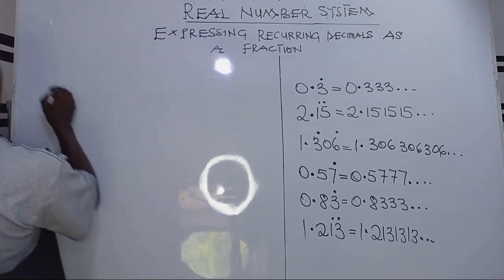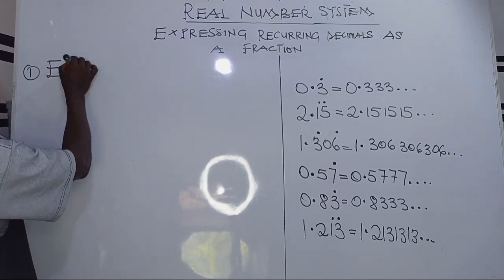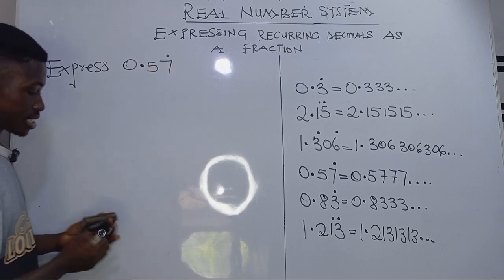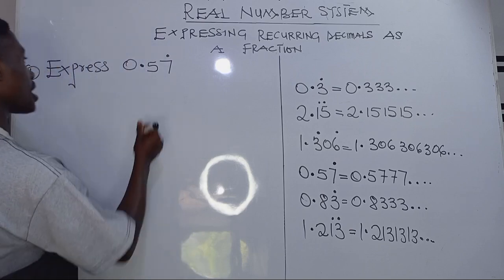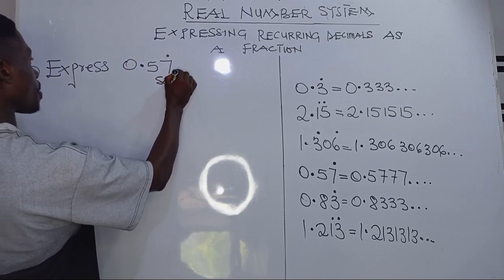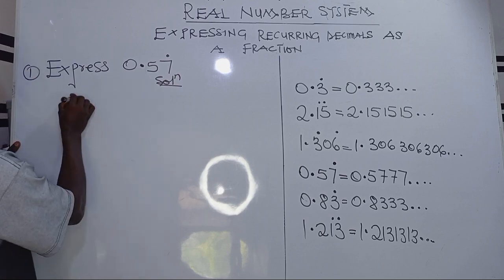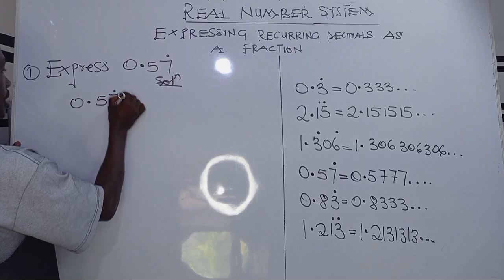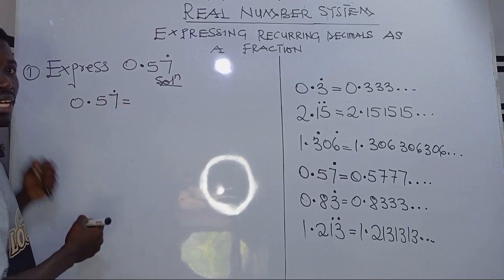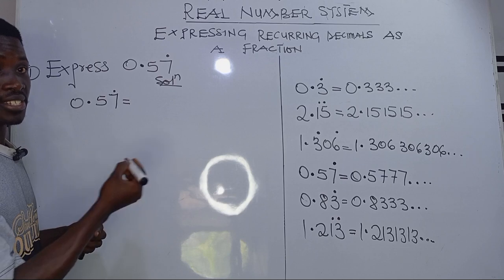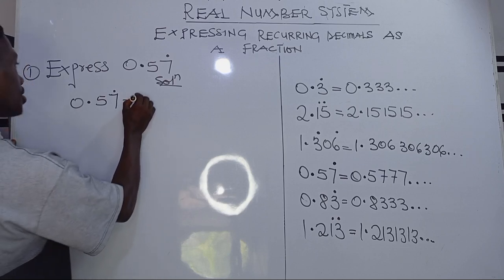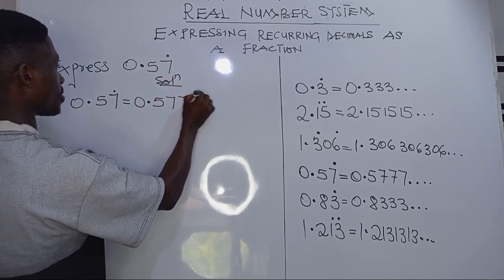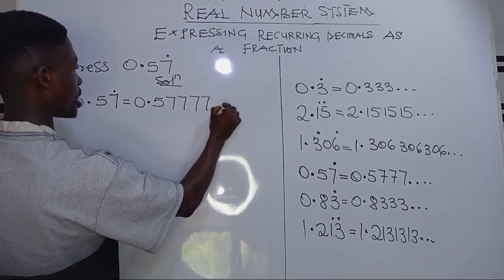So we have to express this as a fraction. So let's write our solution. We know that 0.57 dots is a recurring decimal, and the number that repeats or recurs infinitely is 7. So we have 0.5777 up to where?